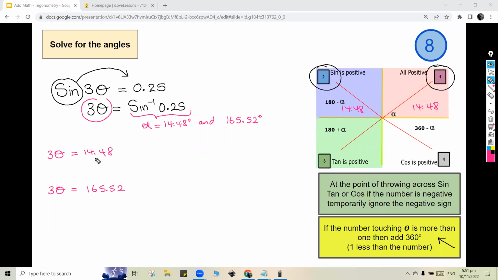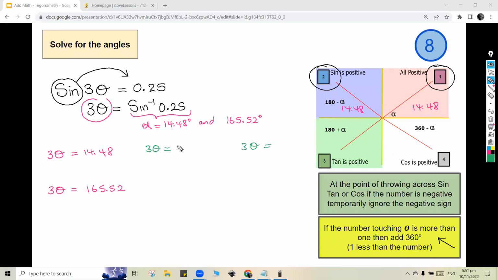Now we know we have to divide them by 3. But wait a little bit. Before we start to divide, to each of these answers we have to add 360 twice. So we're going to add 360 once and then add it again. And to this answer, we're going to add 360 once and then add it again. So we're going to end up with this.